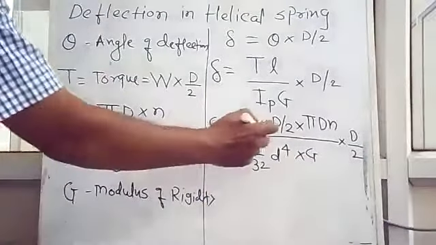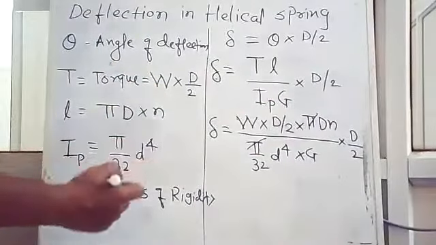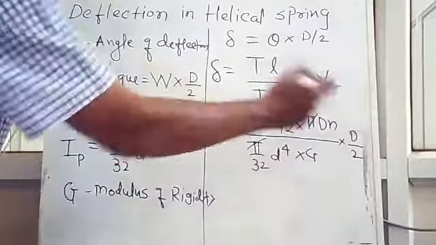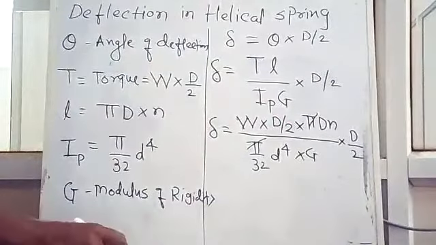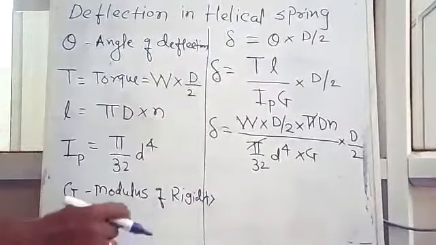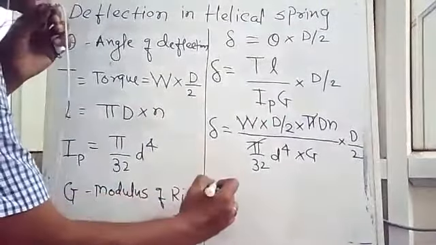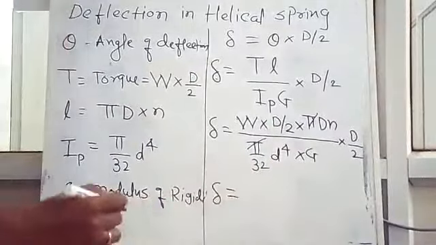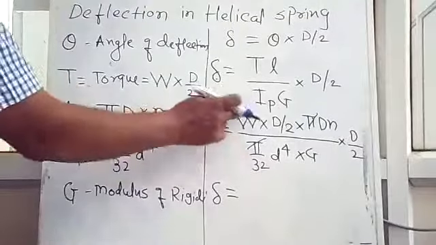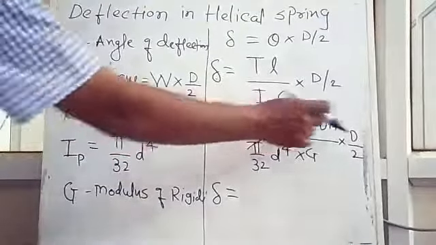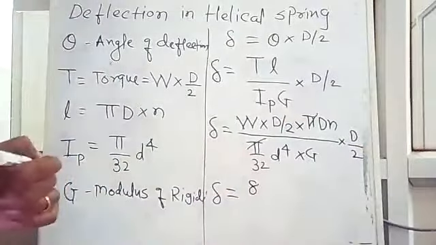In this relationship, this pi get cancelled. Okay. Again, here there is a D by 2, here there is a D by 2, here there is a 32. So we have to again rewrite this. So we'll rewrite this and we can get like this. So if I take this 32 in upward direction, then 32 divided by 2, it becomes 16. Again, it is divided by 2, so it becomes 8. So 32 finally becomes 8.